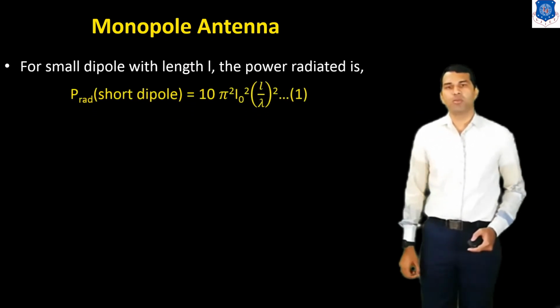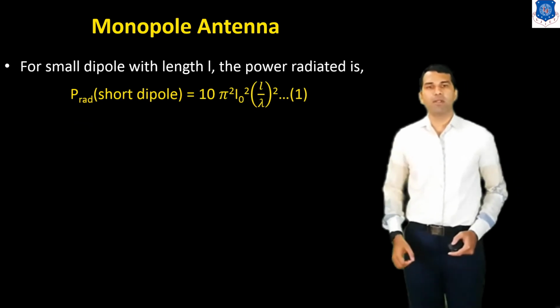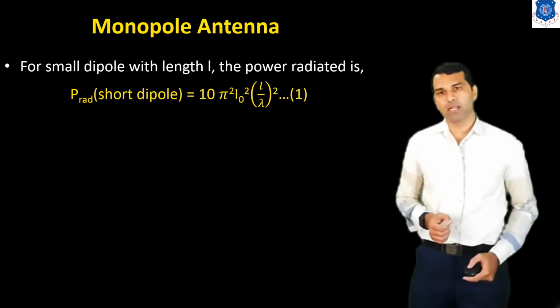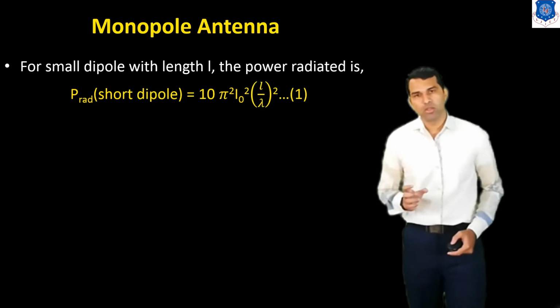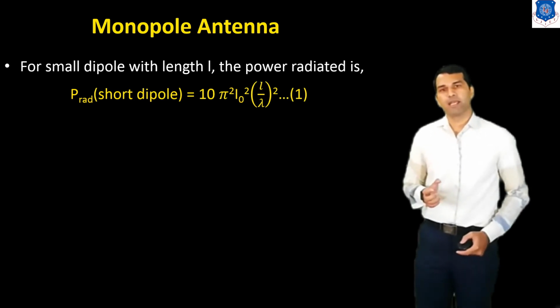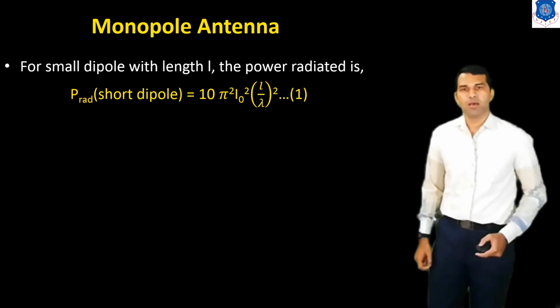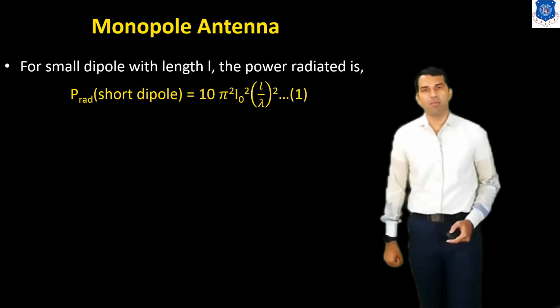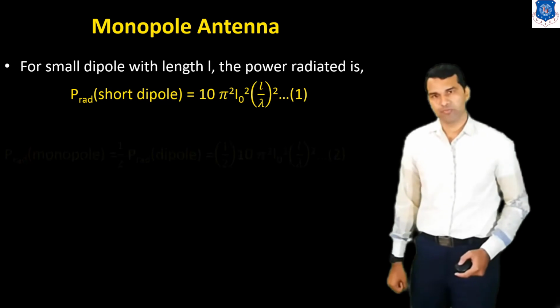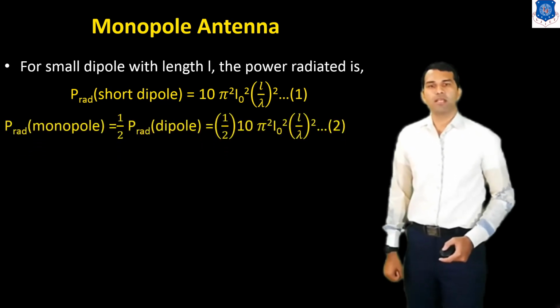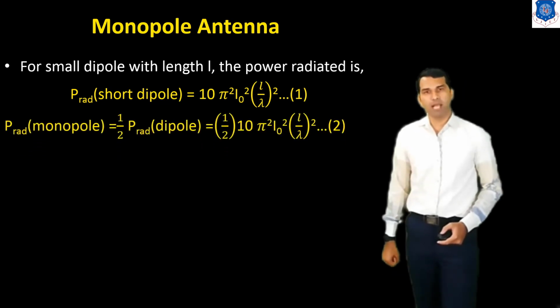For a small dipole with length L, we know that for the short dipole the power radiated is given by P radiated equals 10 pi square I0 square L by lambda square. The monopole is nothing but 1 by 2 of the dipole.